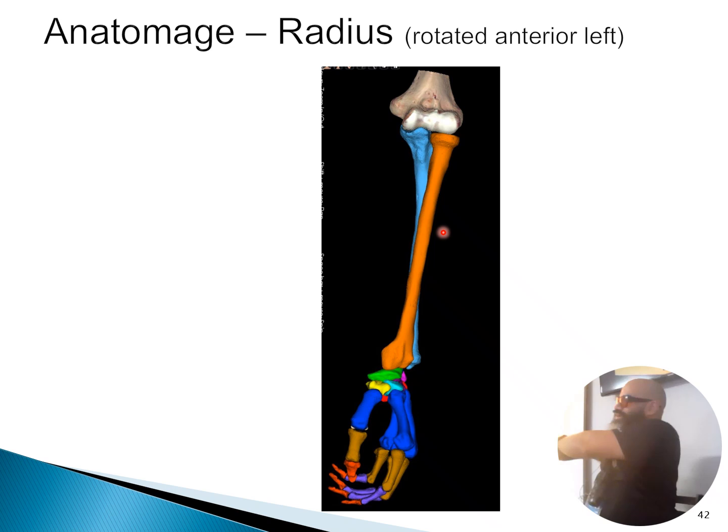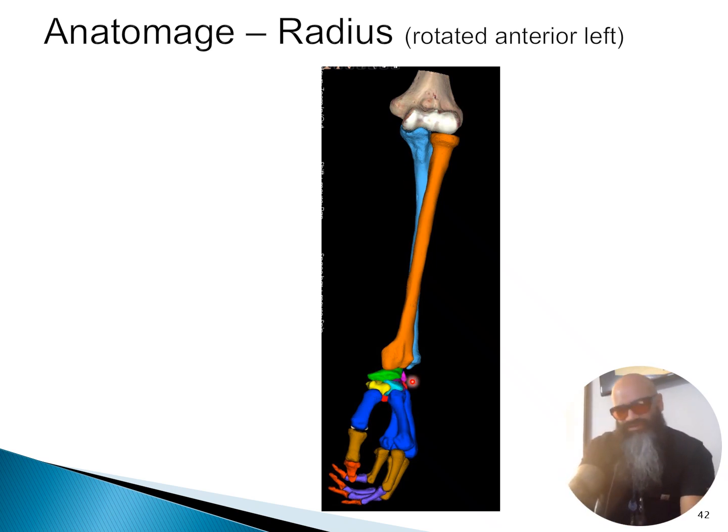That way you know the radius is superior and the ulna is inferior when you're in this anatomic position. Okay, so radius is superior. Your radio antenna. It's going to rotate, so that radial head is going to do one of these motions, just rotating on that elbow joint and creating motion there.